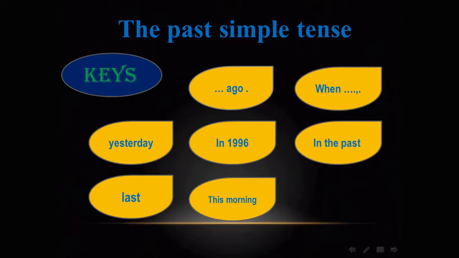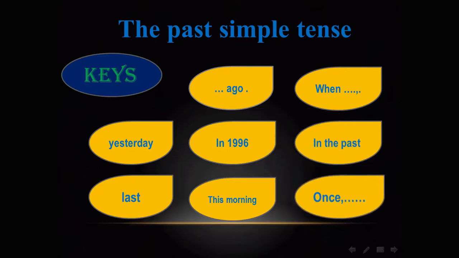In the past, and once upon a time when you tell a story from the past. This is the keys of the past simple, or the words that help you to know that the sentence is in the past simple tense.